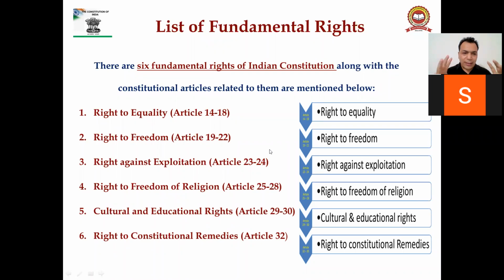Next, right against exploitation, Article 23 to 24. Right to freedom of religion, Article 25 to 28. Cultural and educational rights, Article 29 to 30. And Article 32 talks about the right to constitutional remedies. Guys, these 6 fundamental rights you should know on your fingertips. In the coming slides, we will discuss all the rights in a little bit of detail. So these are the 6 fundamental rights.